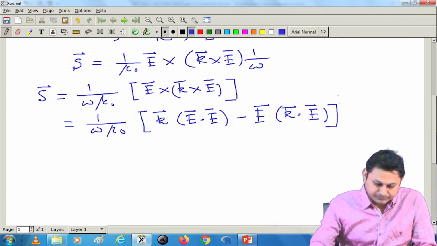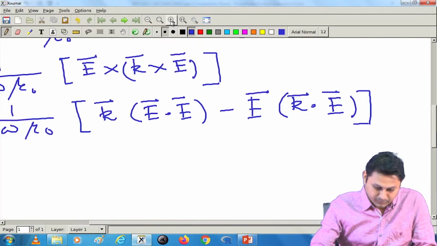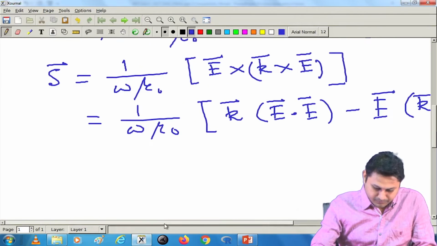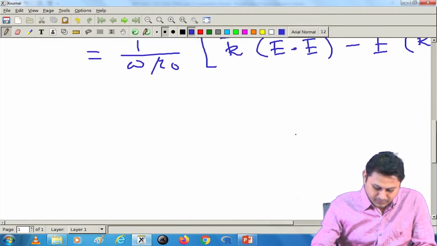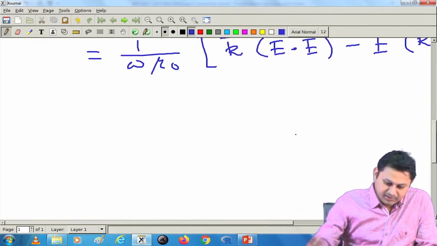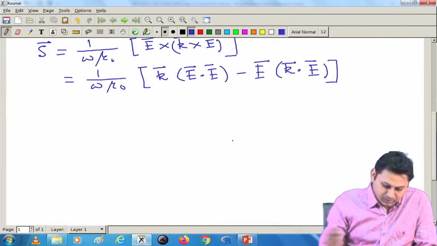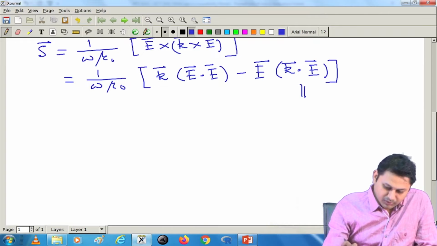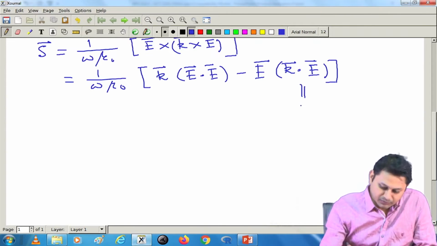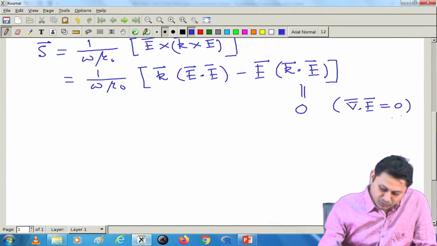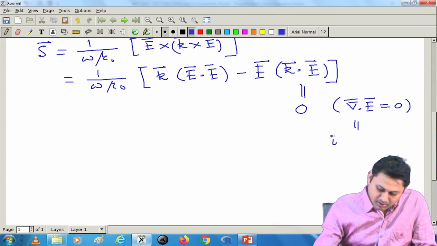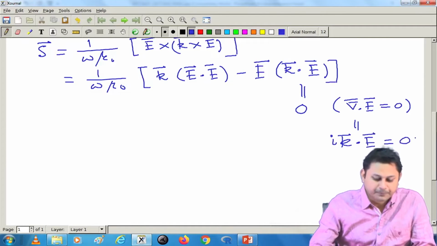The term k dot E we know is 0 in free medium, because we have grad dot E equal to 0. Equivalently, in place of the grad operator I can replace it with ik if it is a plane wave solution. Last day we derived that. So, this term is 0.